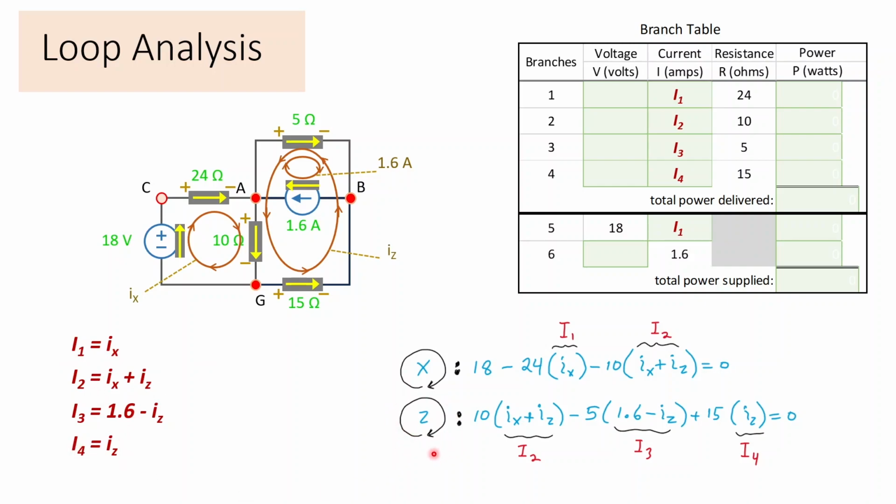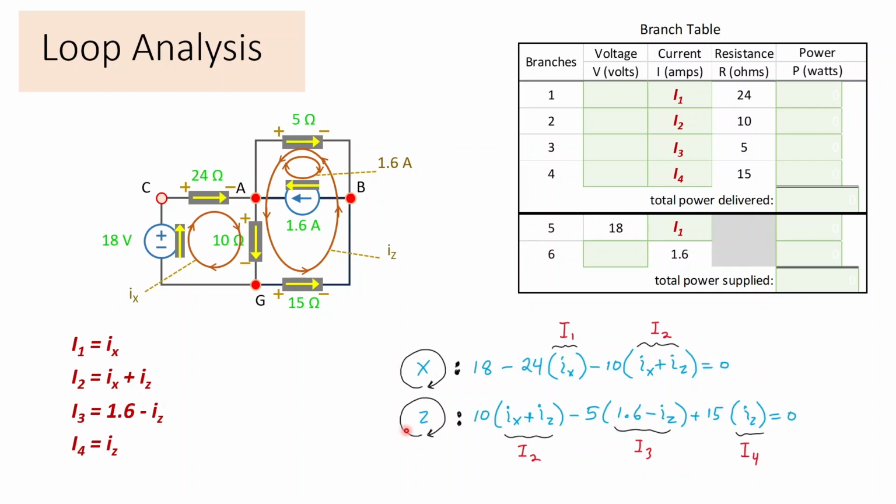But it actually doesn't matter if you go clockwise or counterclockwise for the loop rule to get the voltage term. So I'm just going to go clockwise for both loops. So again, for the lower left, up through the 18, plus 18 volts, minus 24 I1, which is Ix, minus 10 I2, where I2 is Ix plus Iz, equals 0.